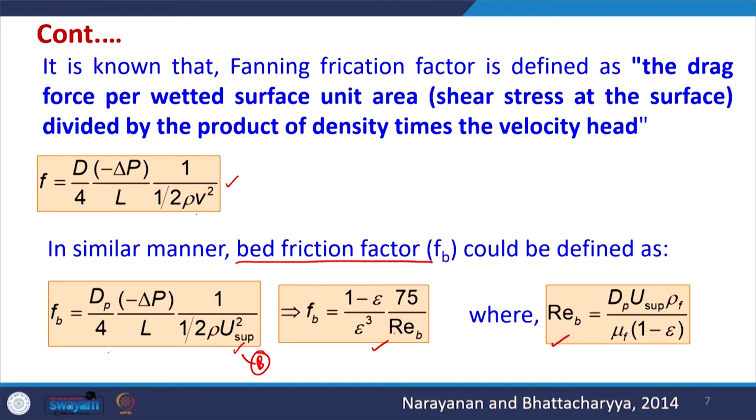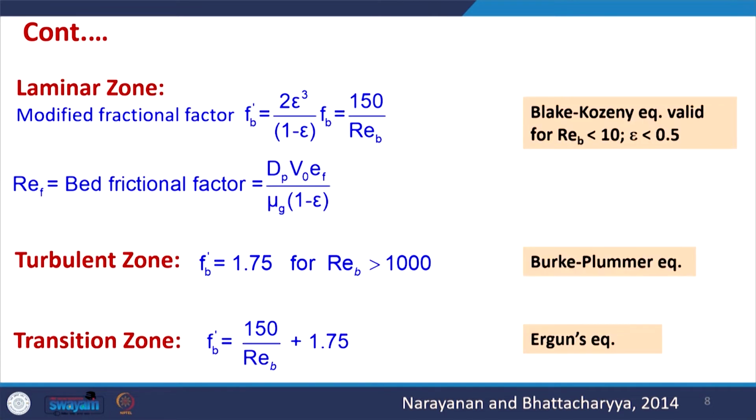So overall, we have reduced the equation to this condition, where Re_B is the bed Reynolds number, defined by d_P into U superficial into the density of the fluid divided by the viscosity of the fluid into (1 minus epsilon), where epsilon is the porosity.